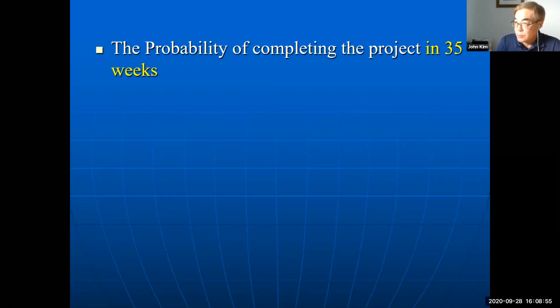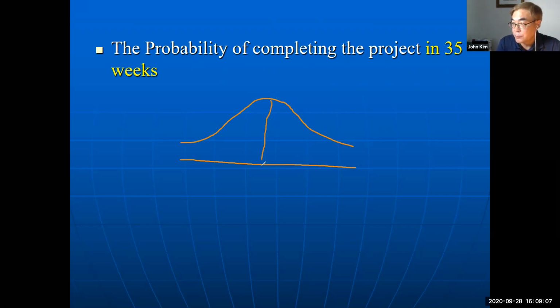So it is a normal distribution. 38 is kind of the average time, most likely time. Then it can finish early, like 35, maybe late like this. So a question can be like this.